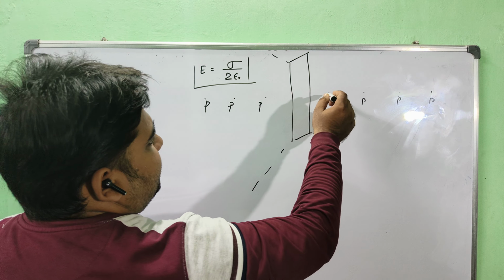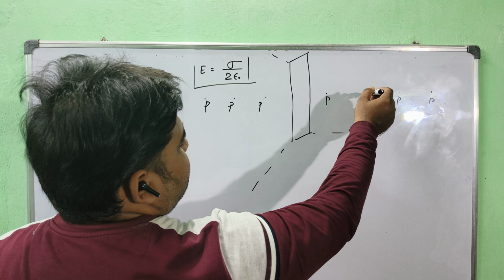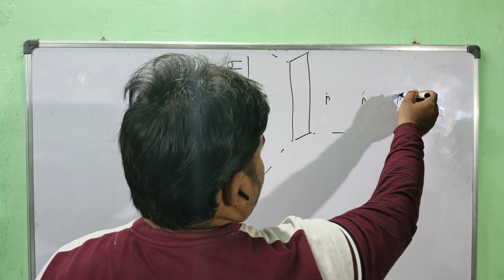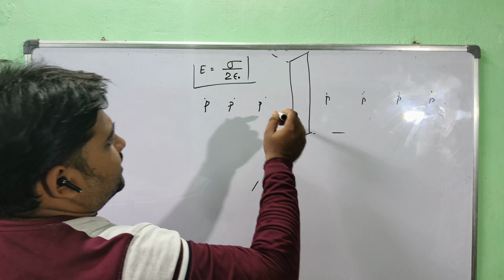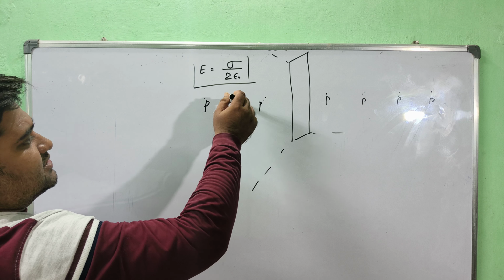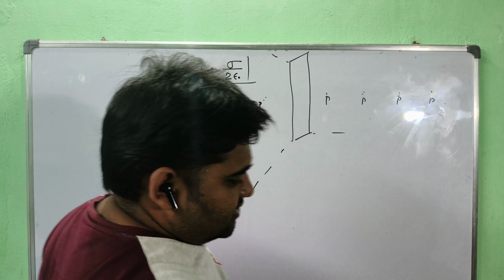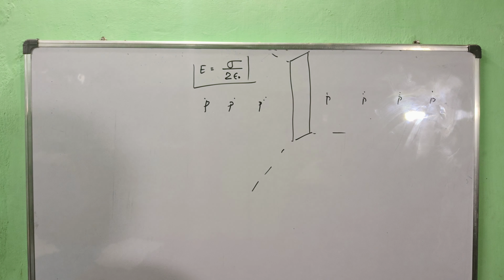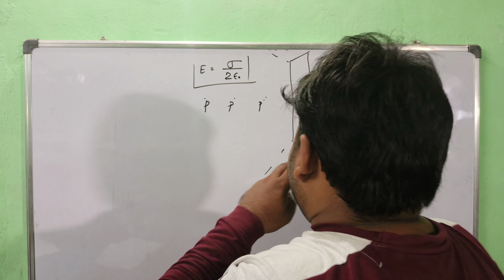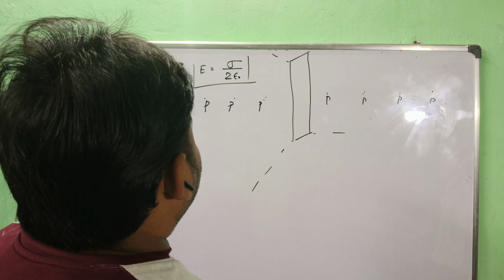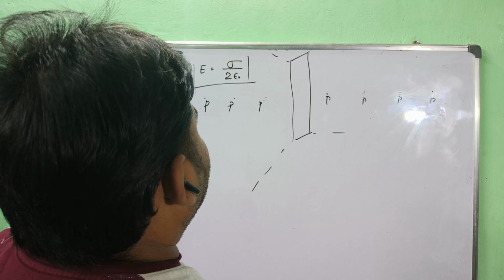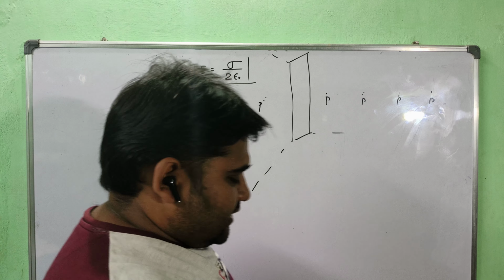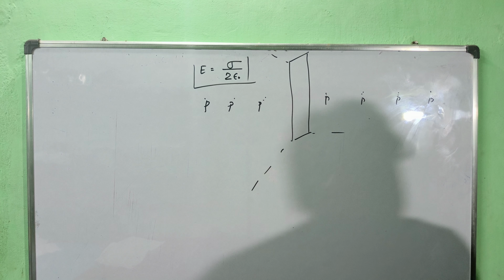So the electric field at this point is the same as this point, is the same as this point, and the electric field at this point is the same as this point, provided that the only condition is that it should be infinitely large. So this is what our electric field for a plane infinite sheet is all about.